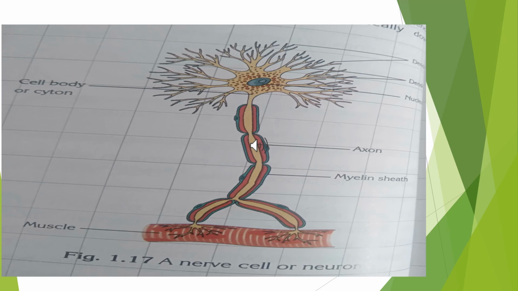So the impulse travels electrochemically down the nerve. So the nerve cells are very important. The important points are nerve tissue, neuron, dendrites, axon and the synapse.